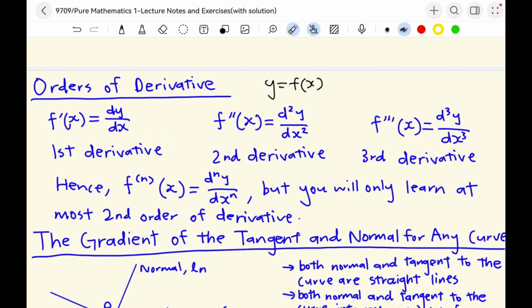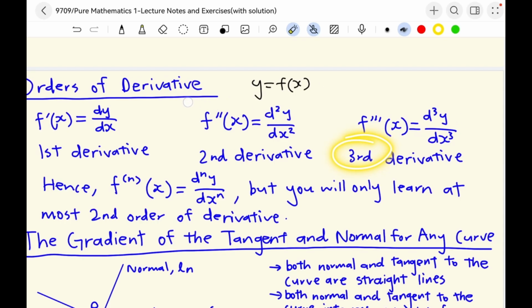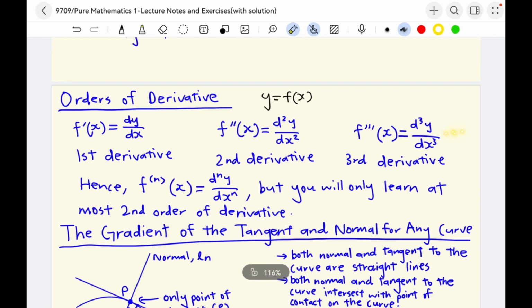If you differentiate again, differentiate twice, this is the second derivative, or second order. And next is the third order. Following the pattern, how many times you differentiate means it is nth order.